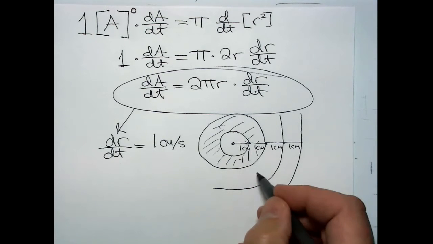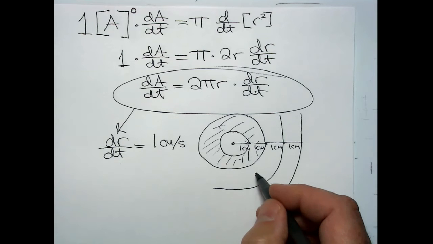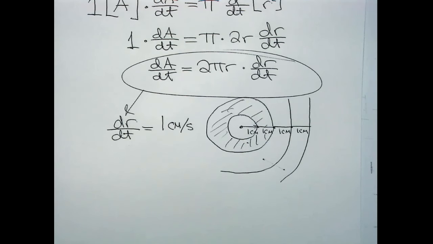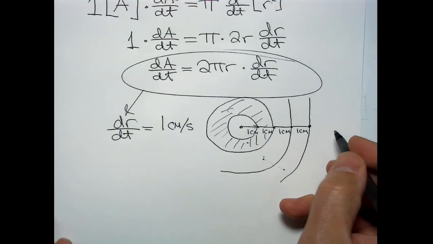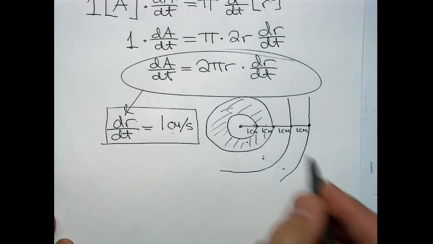So each second, it looks to me like as time progresses, the area increase is getting faster. We're getting more area the longer we wait. The longer we wait, the bigger the radius, correct? So let's say dr/dt is fixed at 1 centimeter per second.